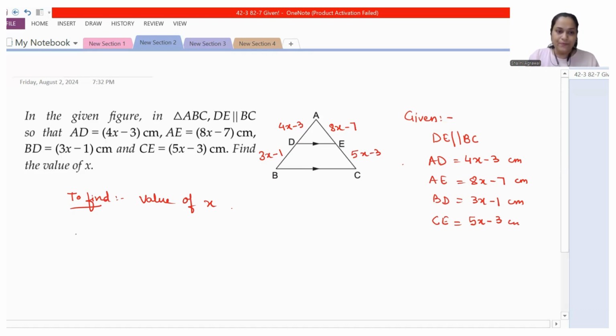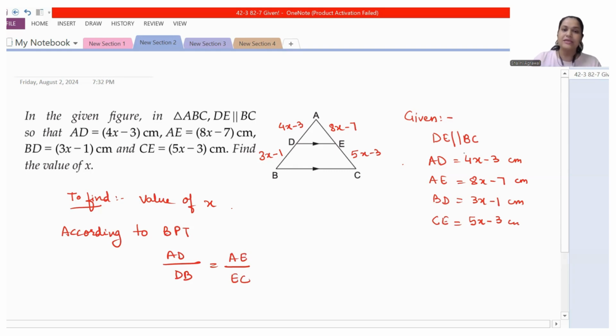According to the basic proportionality theorem, which is also known as Thales theorem, AD upon DB is equal to AE upon EC. Correct? So D and E divide the sides in equal ratio. Now I'll substitute the values of AD and DB.